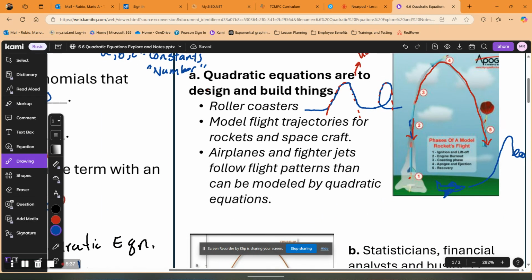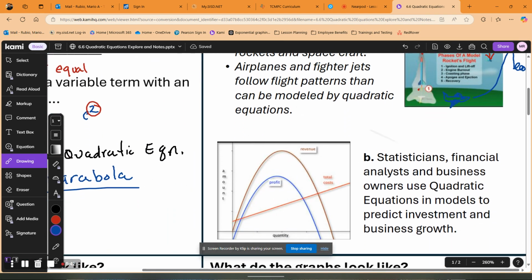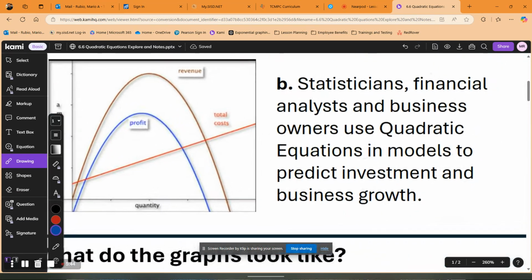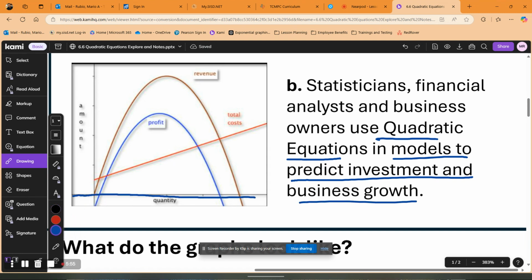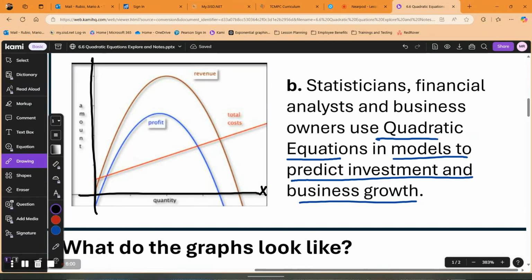There's another space, not just in engineering and science, but statisticians, business owners, financial analysts, and people who work in those areas can use quadratic equations to model and predict investment and business growth. So look at this graph. This is like a graph that we might see in our class, with an x coordinate and a y coordinate, and we're representing quantities, like profit, revenue, and total costs.